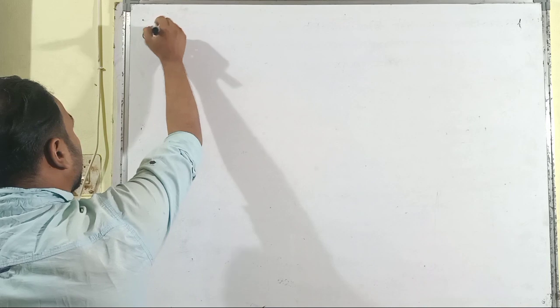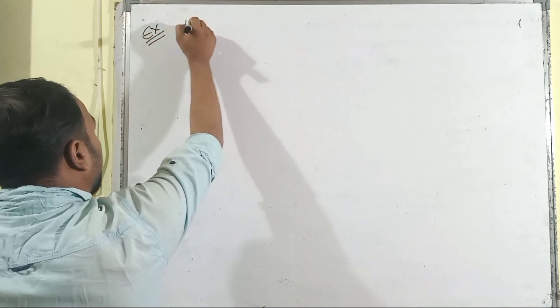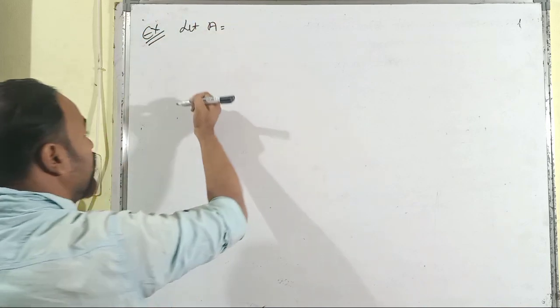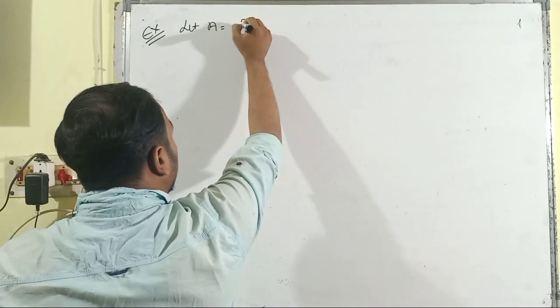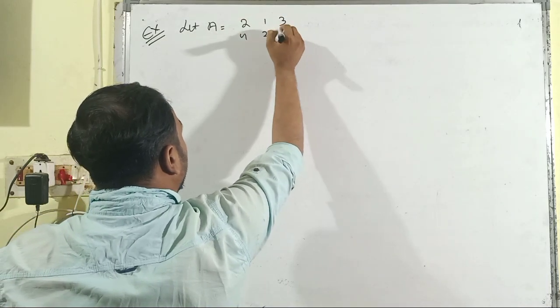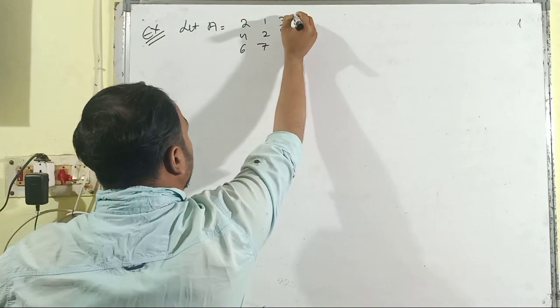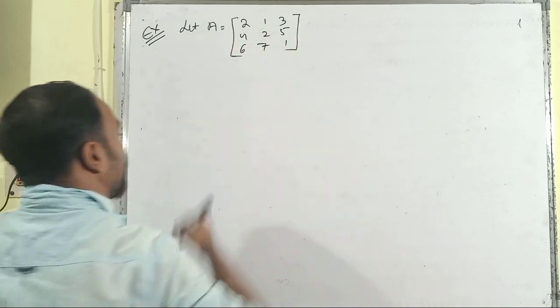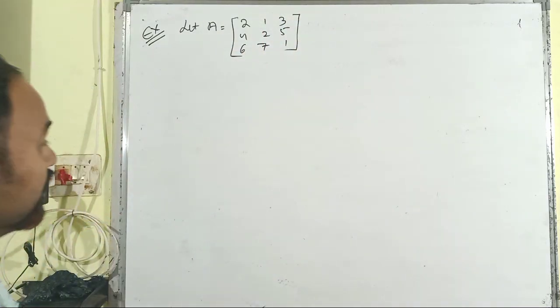Example: let A be equal to 2, 1, 3, 4, 2, 5, 6, 7, 1, a square matrix of order 3.